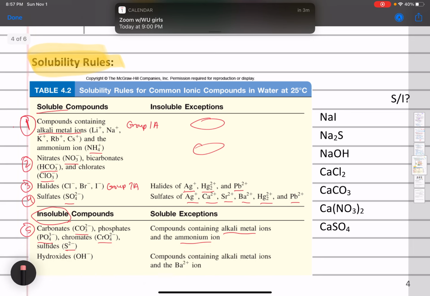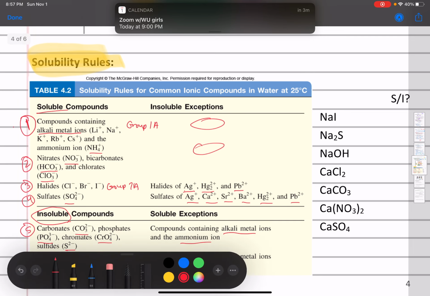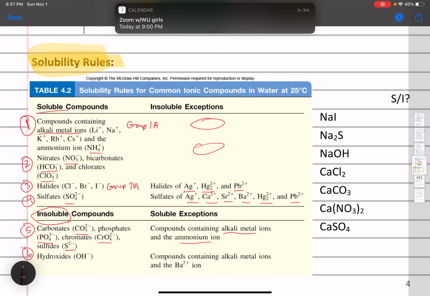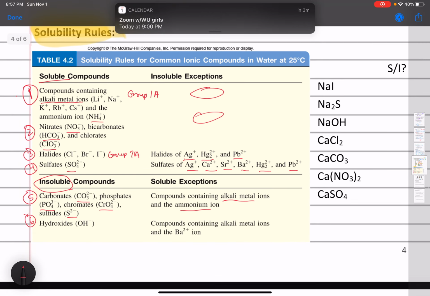And then rule 6 has to do with hydroxides. Hydroxides are almost always insoluble. The exceptions are if there's an alkali metal ion, because that qualifies under rule 1, or a barium ion. Barium hydroxide is fairly soluble.